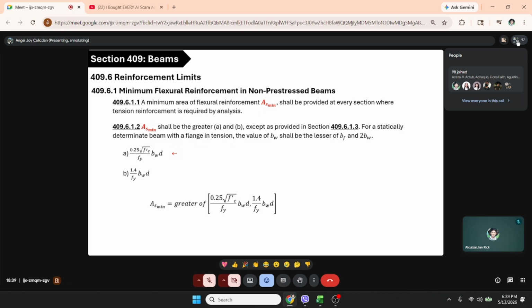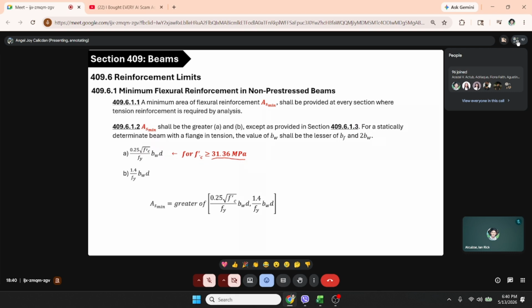And if we equate these two, 0.25 square root of f'c over Fy equal to 1.4 over Fy, and you solve for the value of f'c, you'll get 31.36 MPa. So to avoid checking both, just remember 31.36 MPa.